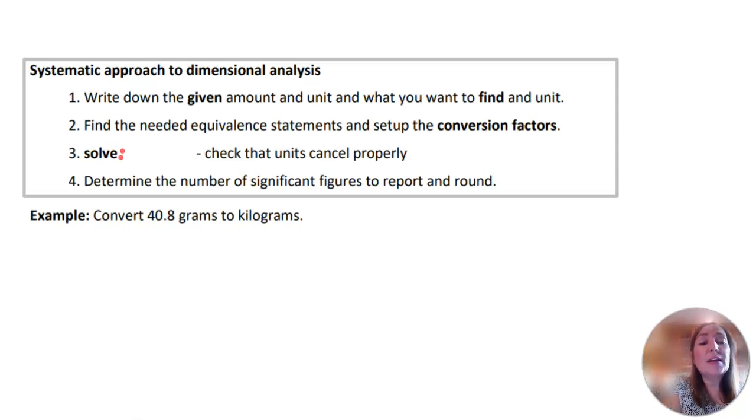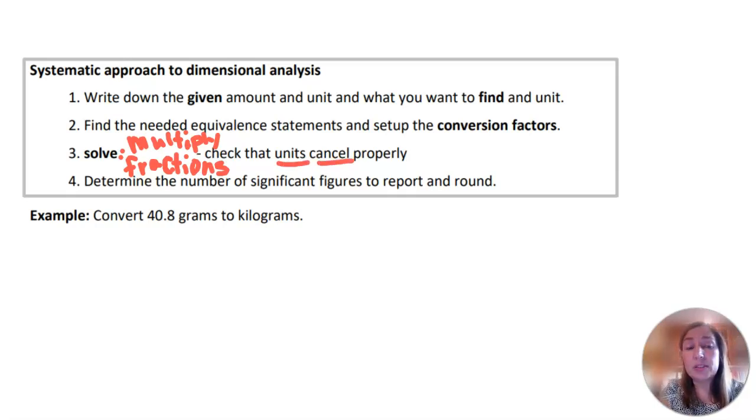The math skill here is just multiplying fractions. I want us to just focus on multiplying fractions as our math skill. And then we want units to cancel. That's super important. And we want to have the right number of significant figures in the end.